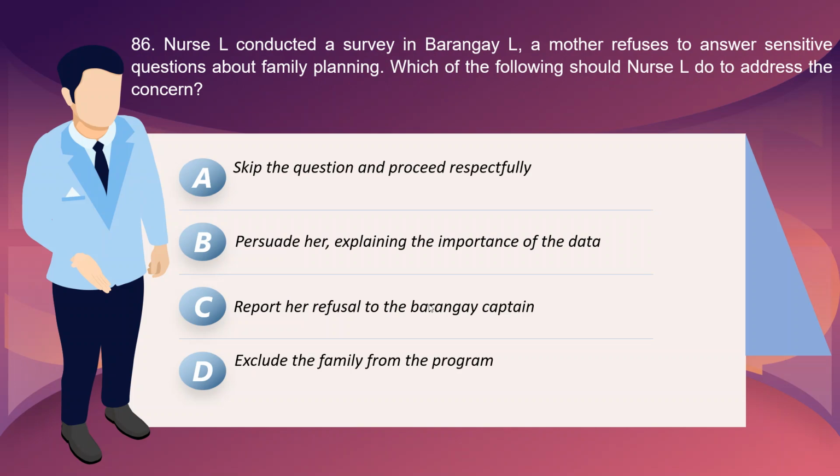Therefore, the answer for number 86 is skip the question and proceed respectfully. Persuading her, explaining the importance of the data, is more or less not providing anymore the autonomy. Reporting is autocratic in nature, and excluding is actually a sense of injustice. Number 86, the answer alpha.